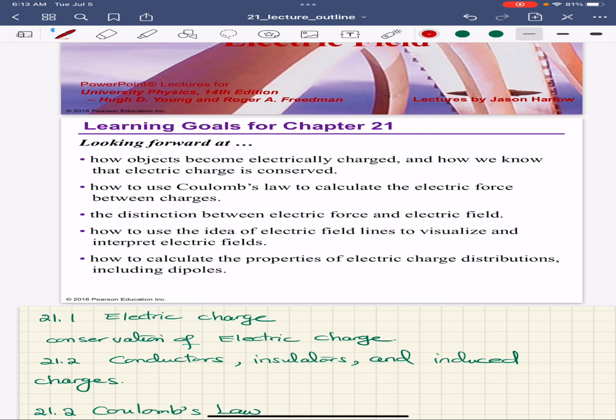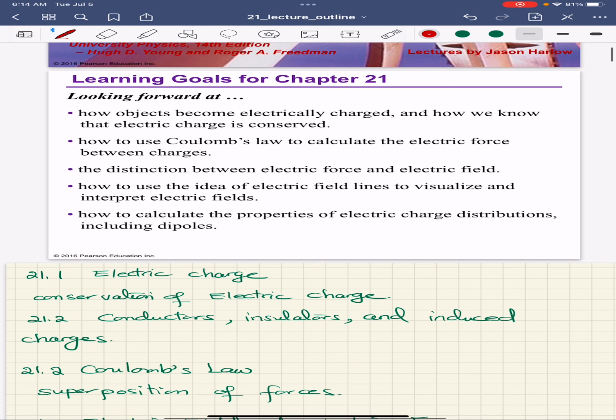We will study how objects become electrically charged, what is the origin of having these charges, and how we know that electric charge is conserved. We will use Coulomb's law to calculate the electric force between 2 point charges. Later, we will use an equation derived from Coulomb's law to calculate the electric field.